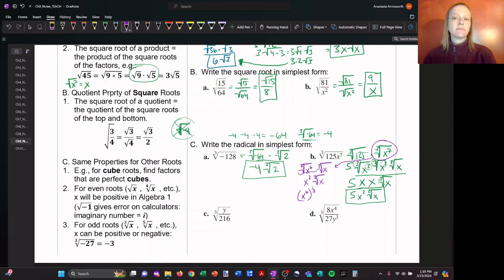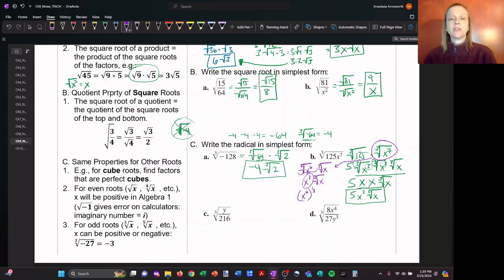However, it does make the rules that we learned in chapter 6 more consistent with what we're learning now. And we can see that if we have something to the 6th power raised to the 1/3 power, exponent raised to an exponent, we multiply those exponents together, and 6 times a third is 2. So you can see where this value comes from.